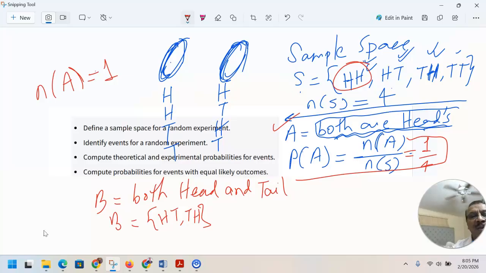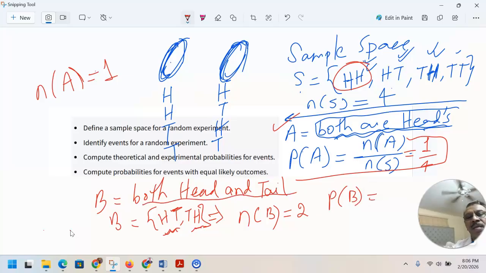Both of these are simple events, and both have head and tail. So the number of options is two. If I want to write the probability of B, meaning both head and tail, you can see there are two outcomes, two out of four. So it's always out of four.